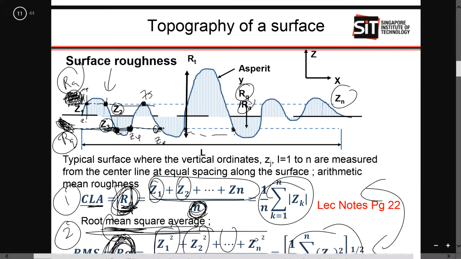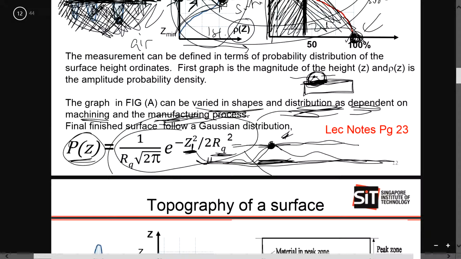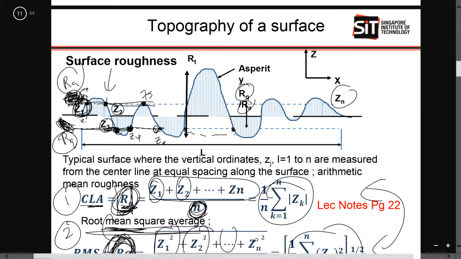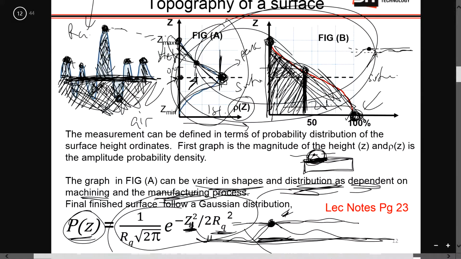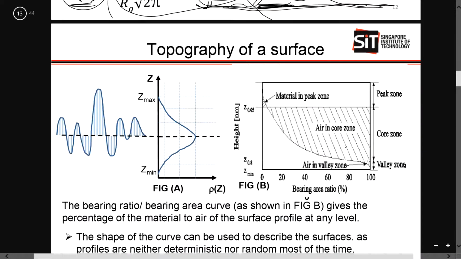If Z1 is over here, then you will know at this particular Z1 line how much material is being used, I think. So if you want to know how much material at Z1, you can calculate the probability at Z1, I think.